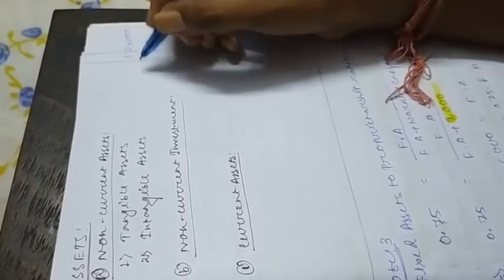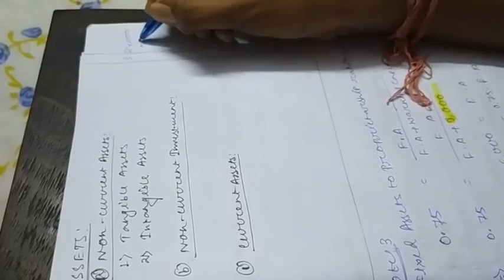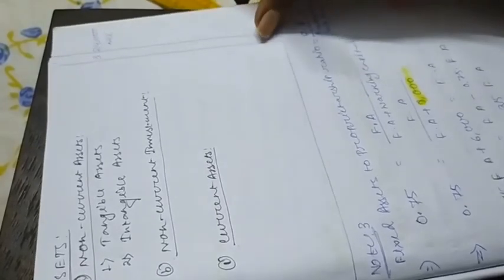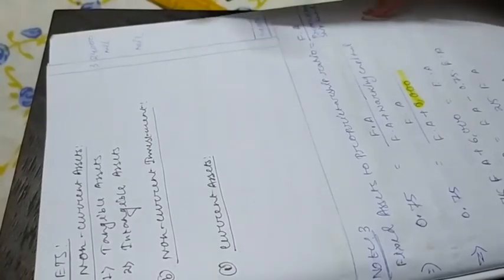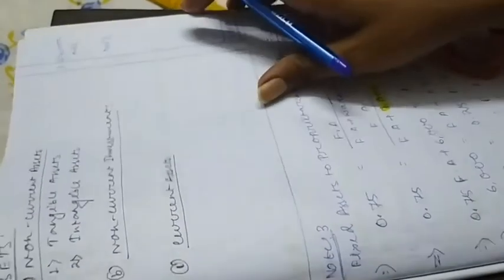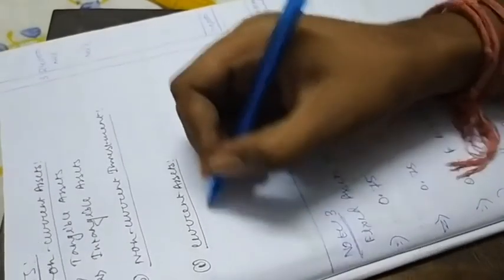There is no intangible asset and no non-current investment, and there is only current asset. So current asset is valuing 16,000.